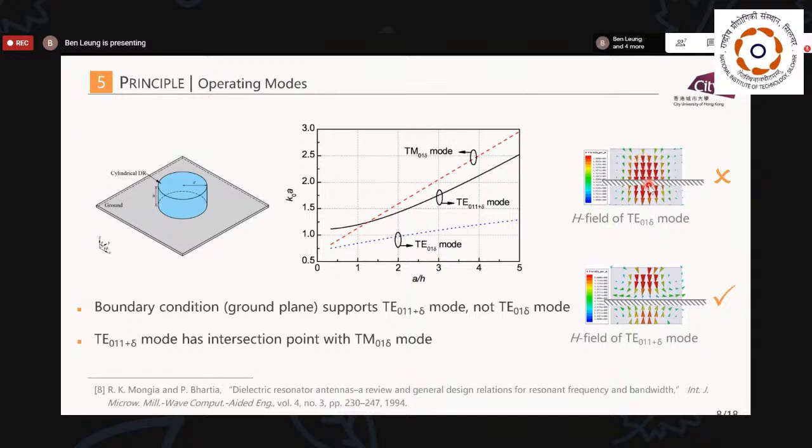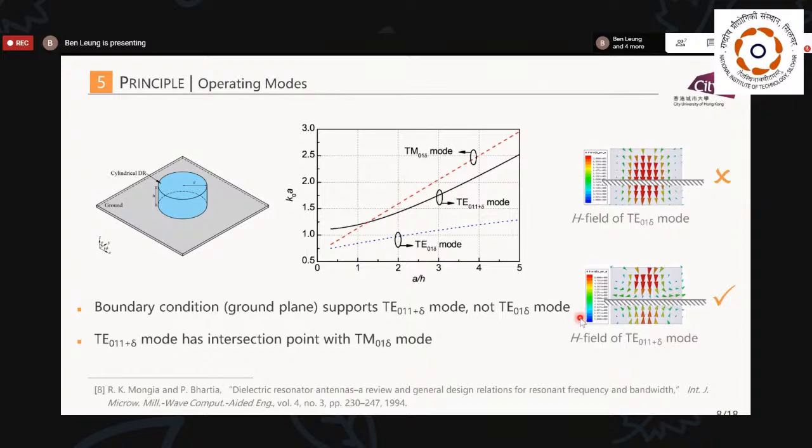The H field is very strong here, very strong. So this cannot be supported when the ground plane is here. However, if we consider the TE01 plus delta mode, the H field is tangential on the ground plane. In this case, this mode can be supported.